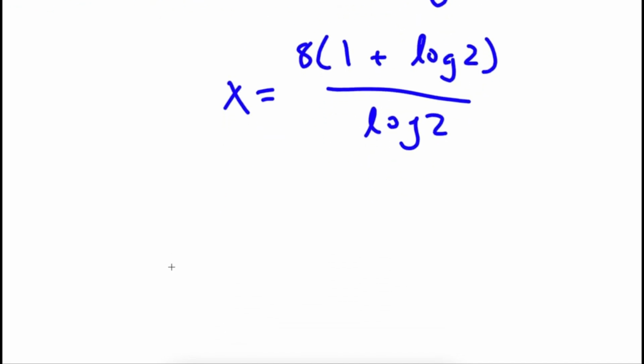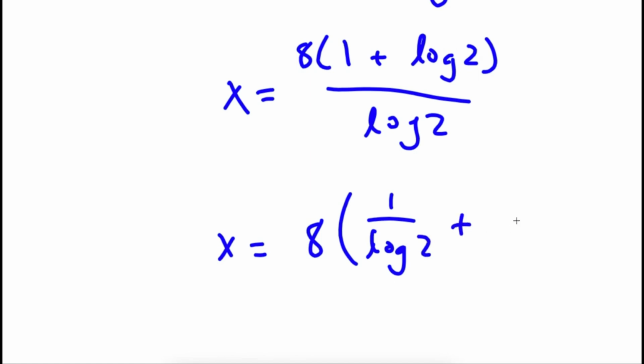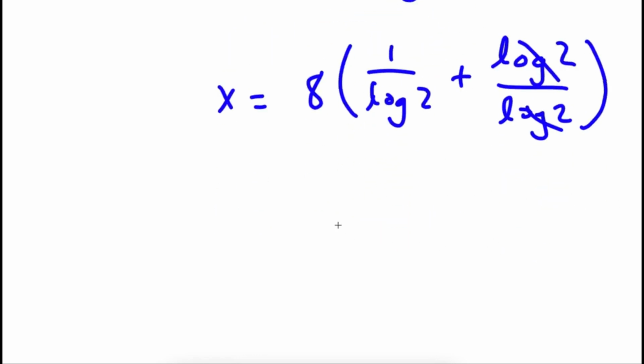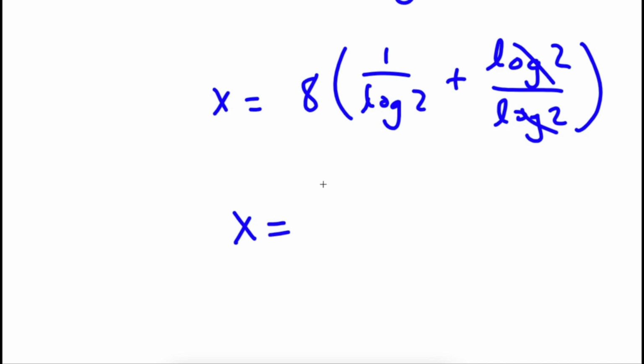Now this is the same thing as 8 times 1 over log 2 plus log 2 over log 2. And log 2 over log 2, these two simply cancel out. So I'm left with x is equal to 8 times 1 over log 2 plus 1.